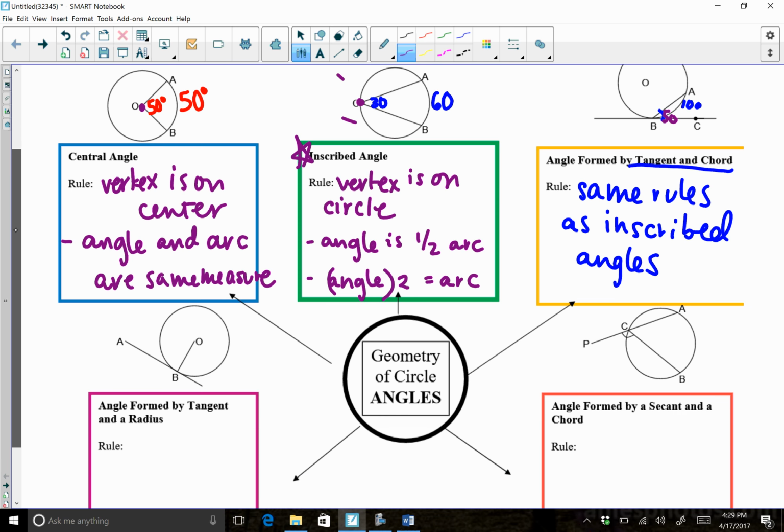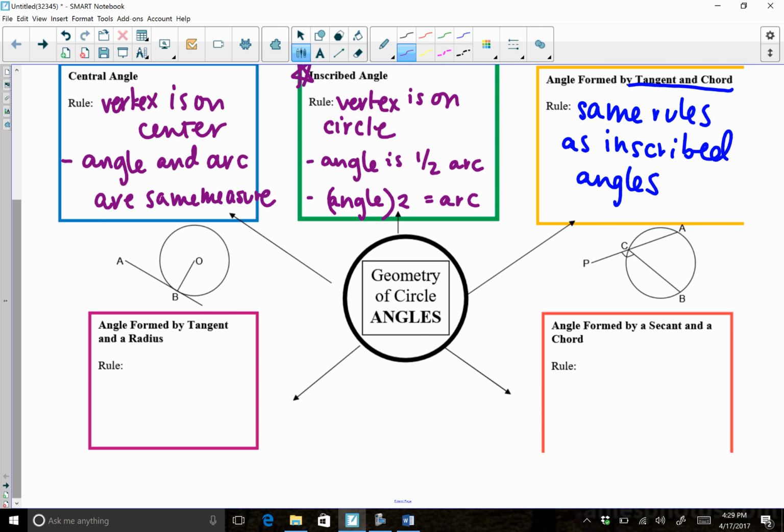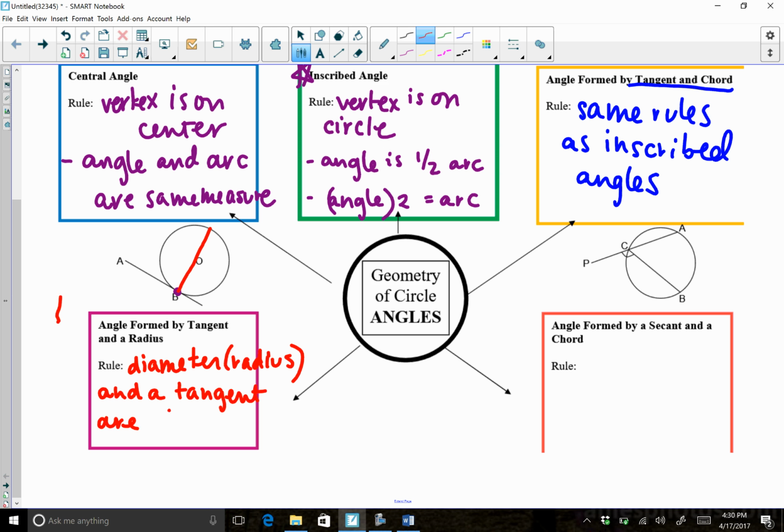There's a special case of a tangent and chord when we pass through a special chord. If I have a tangent and a radius intersecting right at the point of tangency, at point B in my bottom left corner, I know that this radius, which is just a piece of a full diameter, so you could think of it as a diameter as well, if you'd like to think of it that way, a diameter or radius and a tangent are perpendicular at the point of tangency.